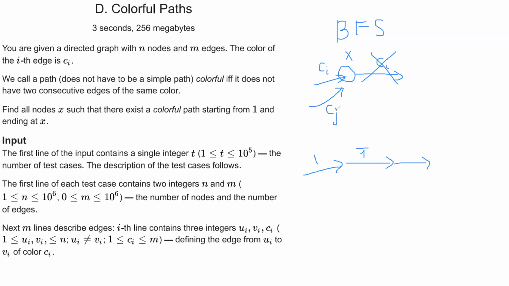So if we reached our node X with two colors, then we can use any edge going outside of X, because it's either one of these colors or any other color. So it doesn't matter.